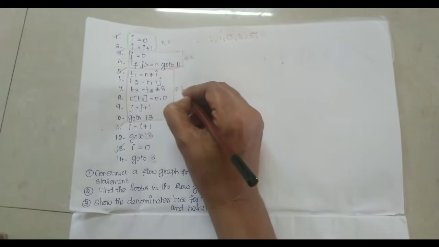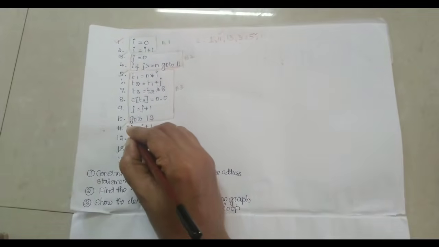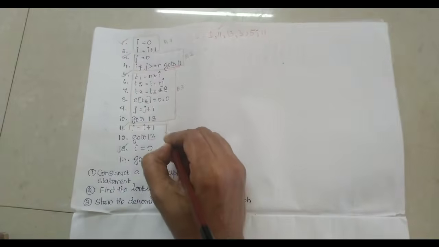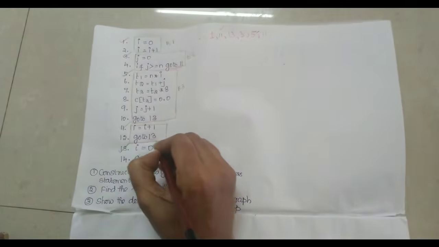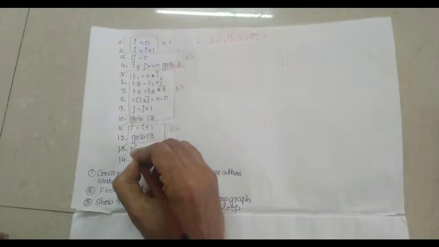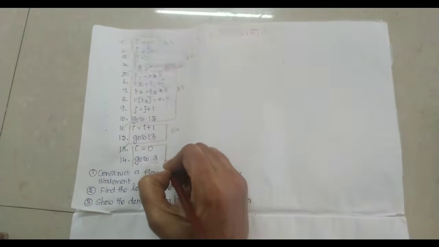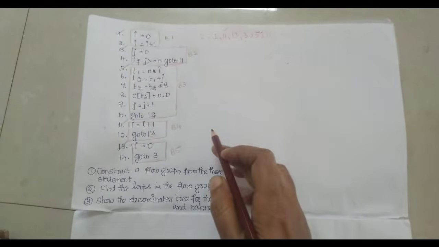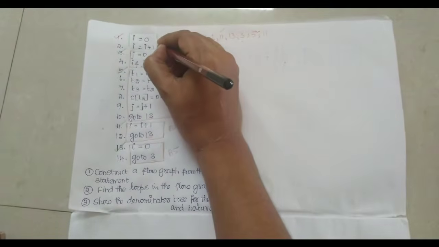Let us take that as basic block 3. Starting from statement 11 to 12 is basic block 4, and 13 to 14 is basic block 5.